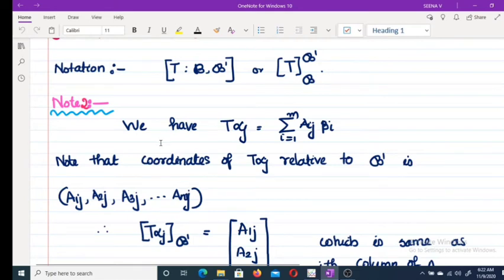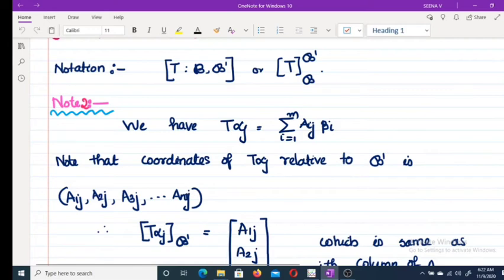Okay. Now moving to the next note, we have T alpha j equal to sigma i equal to 1 to m, Aij beta i. Now the coordinate of T alpha j related to the basis B dash is A1j, A2j, etc., Amj.